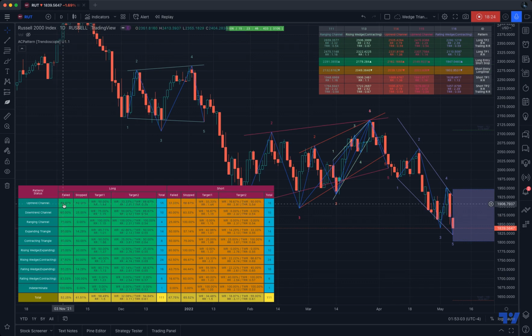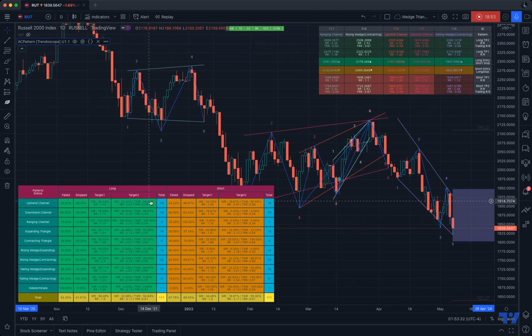You see that 66% long failed means 33% short failed, meaning 33% of the trades went on the long side and 66% went on the short side. We don't need to worry about that, but we need to look at the stopped and the rest of the stats. Stopped means 50% of the trades which entered were stopped, and 50% went to target one, out of which 33% went to target two.